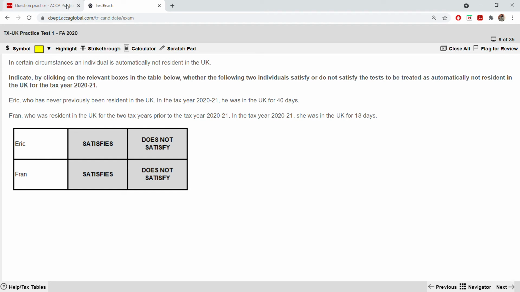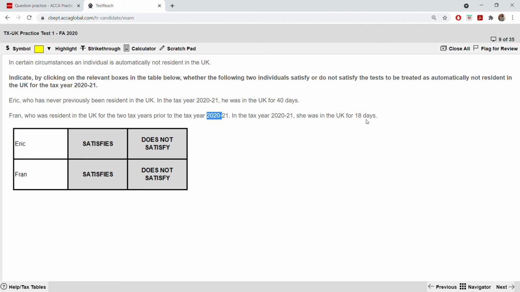So you have to click on the relevant boxes whether the following two individuals satisfy or do not satisfy the test to be treated as automatically not resident in UK. Eric, who has never previously been resident in UK, in the tax year was in the UK for 40 days. And Fran, who was resident in UK for the two tax years before this tax year, was in UK for 14 days.